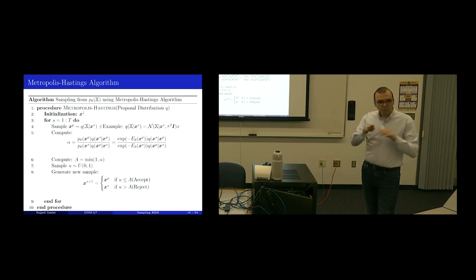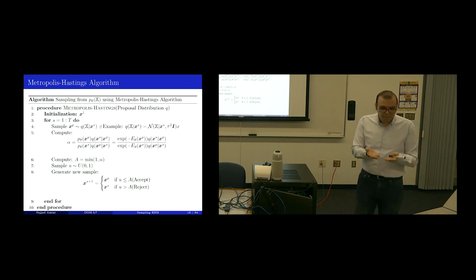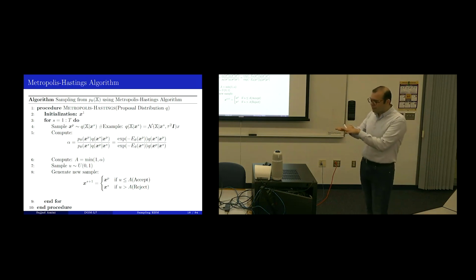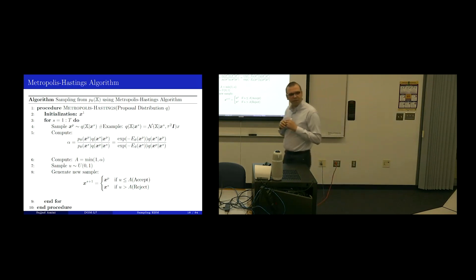The second one normalizes it based on the Q distribution: whether this new sample is generated just because the proposal distribution gives high probability to that new sample or not. It is not favorable in terms of Q. So there will be an alpha value which is looking at both Q and your unnormalized distribution. And now, based on this alpha value, you select whether to accept the new sample or not. Does it make sense how it works?